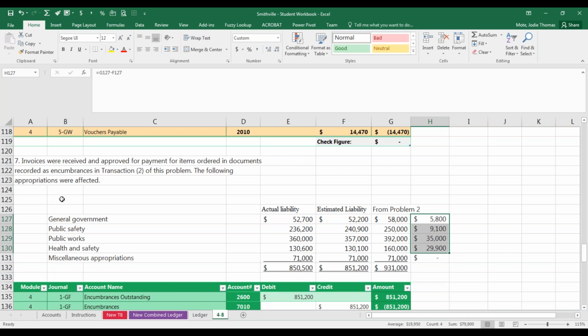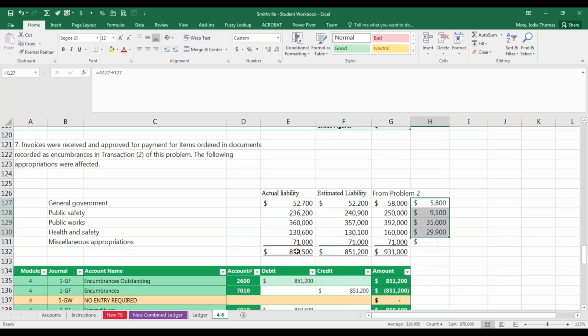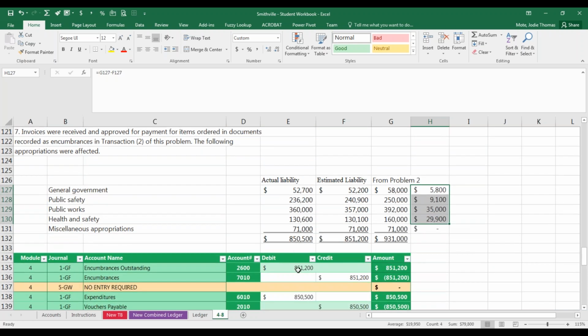Okay, so the first part of this problem is to remove the encumbrances that are attached to these. And again, you'll have a subsidiary ledger that pops up, but basically all you're doing is taking this full 851,200, and you are debiting encumbrances outstanding because you credited it up in problem 2 when you recorded it originally, and you are crediting encumbrances because you debited it up above.